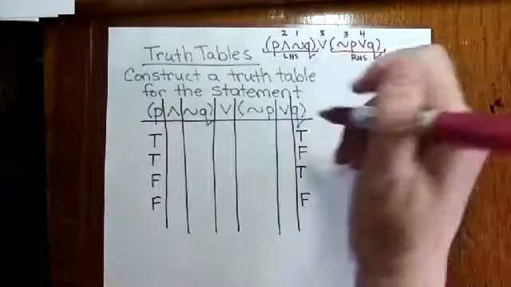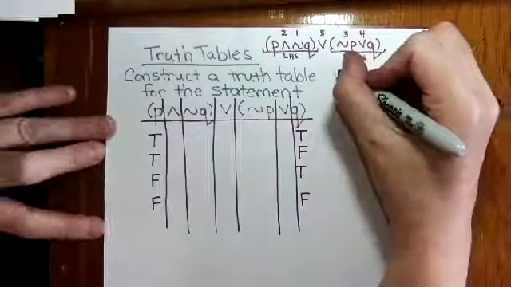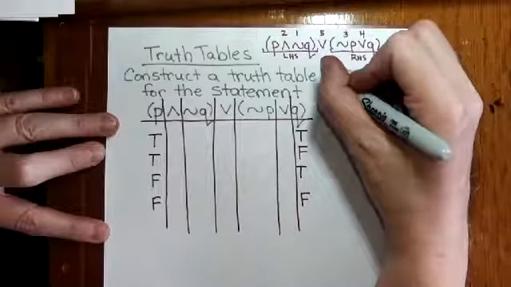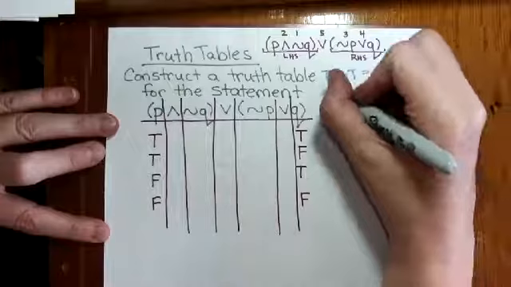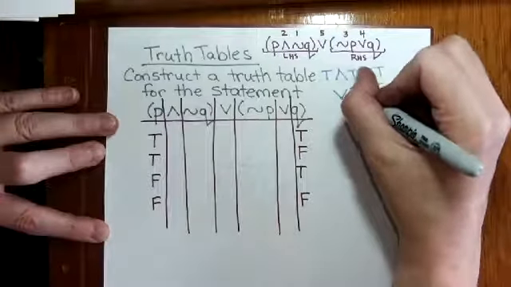We'll also want to remind ourselves of our key points, which is that an AND is only true if all components are true. An OR is only false if all components are false.